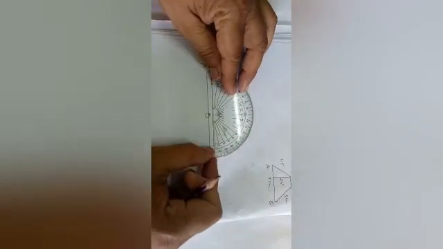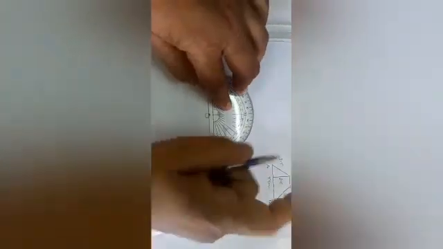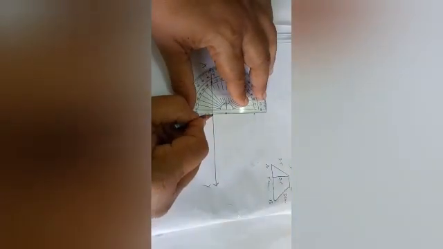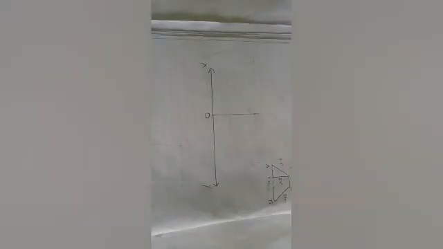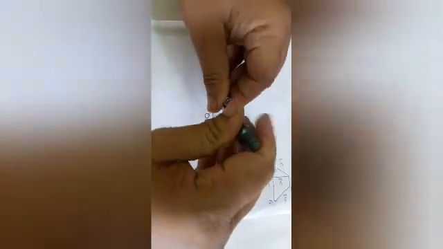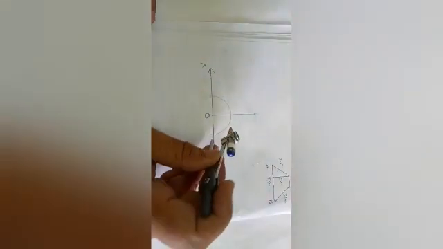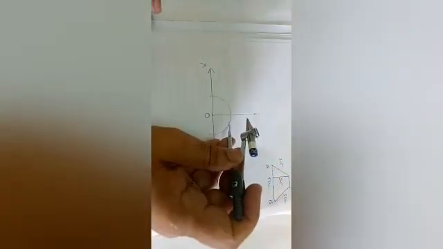You draw just a 90 degree, or you know how to draw a perpendicular. I am showing that also to you. You take a compass, from point O, draw a semicircle and you draw a 90 degree. You know that.